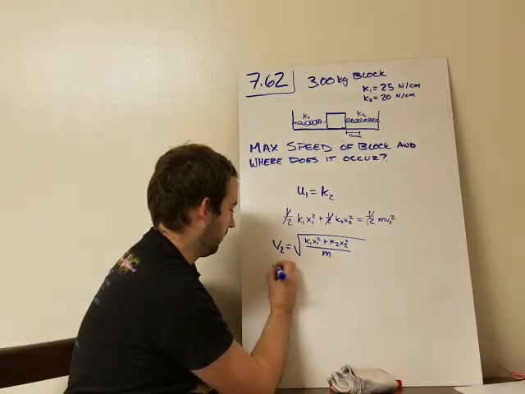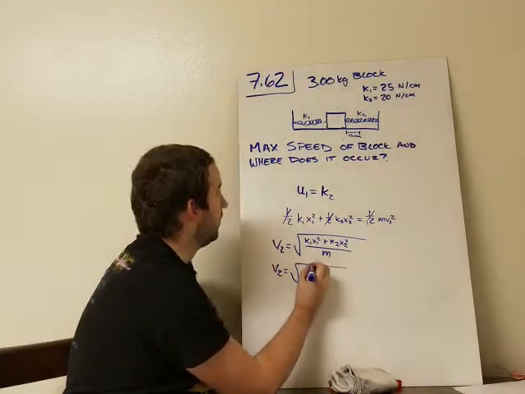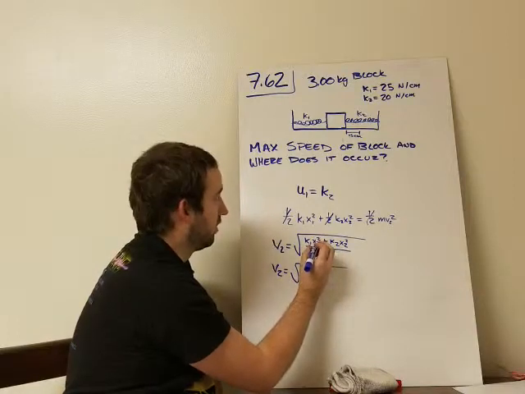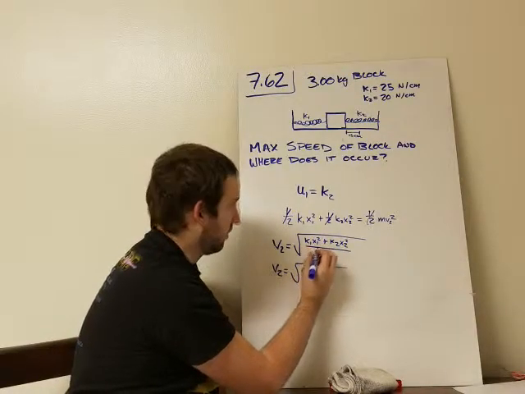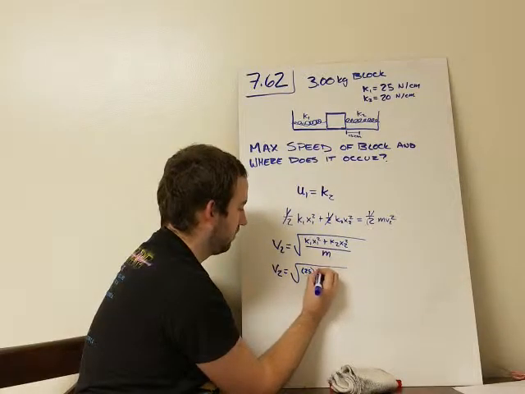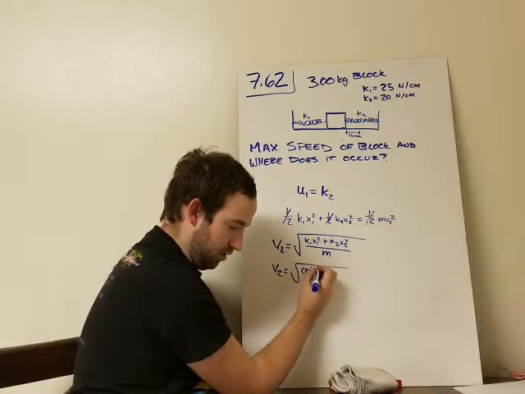So that'll be V2 equals the square root. We know that K1 is 25. X1 we know is going to be 15, right? The distance that it travels. And that's centimeters, remember.